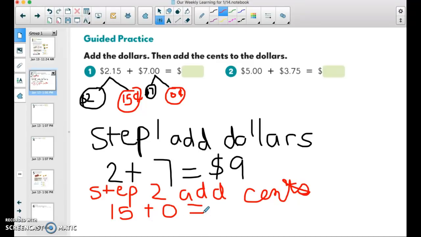And this is an extra step from the first page that I'm putting in to show that when you add your cents, if you have a 0 there, the number is going to be the same. So 15 plus 0, oops, get my eraser. It's not dollars. Step 2 is add the cents. But it is 15 cents.